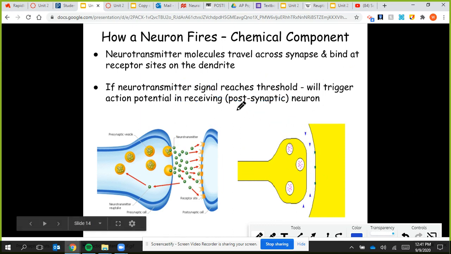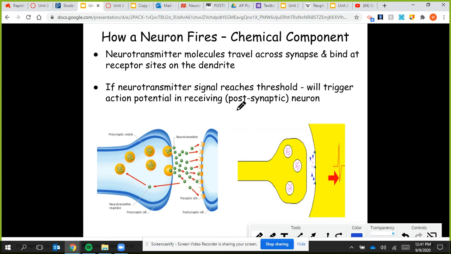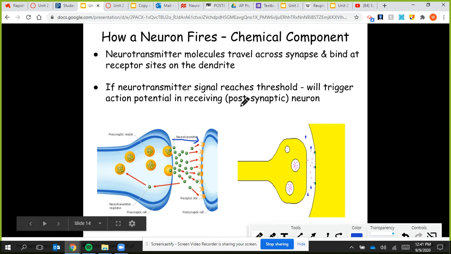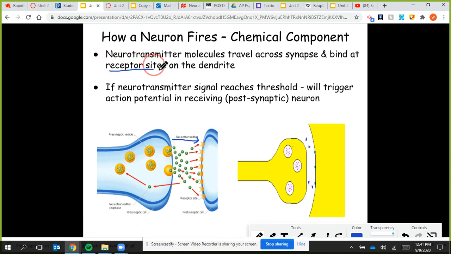So what happens now is these chemical messengers, because the electrical signal can't travel across the synapse, right? It has to use these chemical signals, these neurotransmitters. So what they do is they travel across the synaptic gap, and on the dendrite, there are what are called receptor sites.